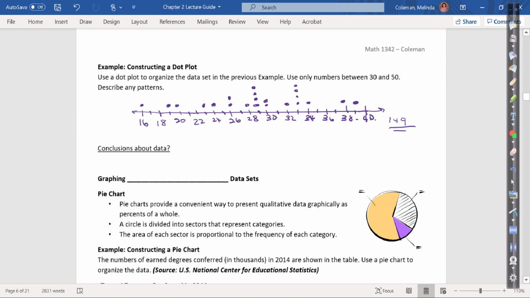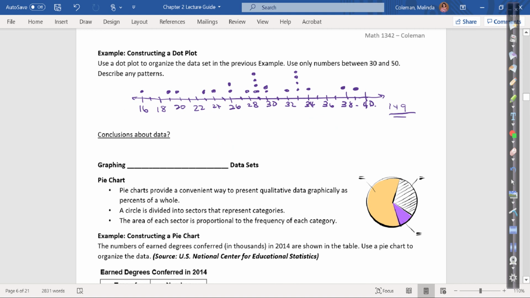All right, so conclusion. It's a little harder to tell the conclusions about this data because it's sort of a partial set. So we can't really make a whole lot of inferences about the entire cell phone usage, but we can say things like the largest number of text messages sent were 29 and 33.